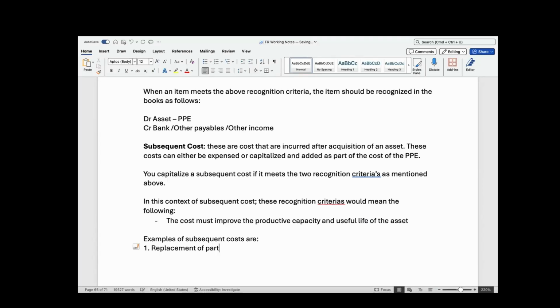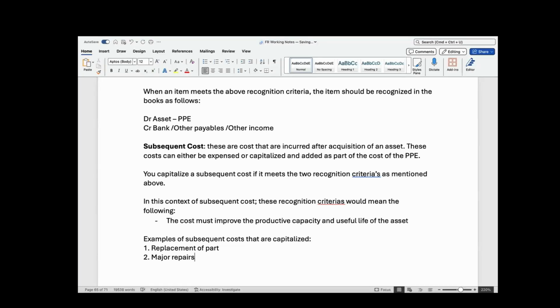So examples of subsequent costs are, number one, replacement of parts. When you are replacing a part of an asset, that is a subsequent cost. Or when you are doing major repairs on an asset, that can also be a subsequent cost that is capitalized.